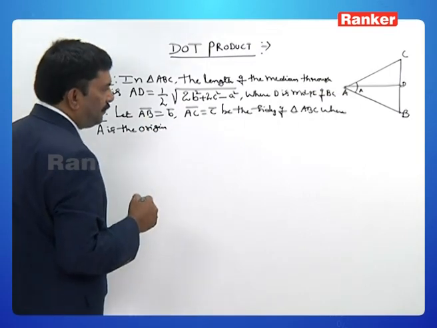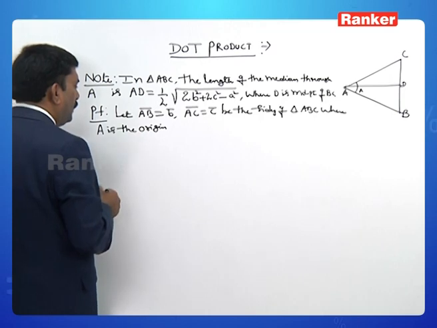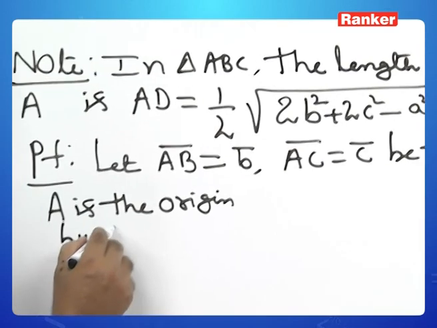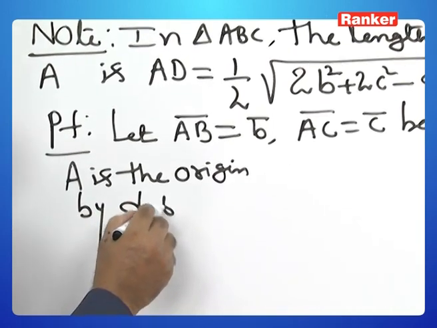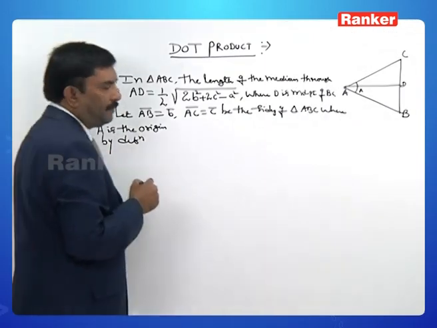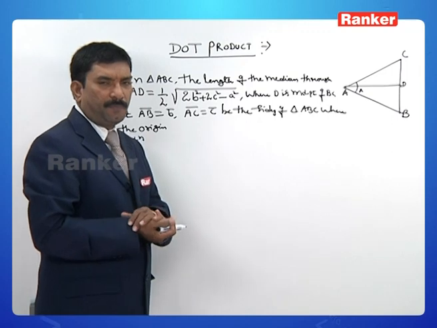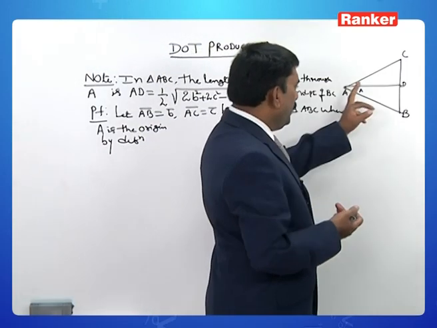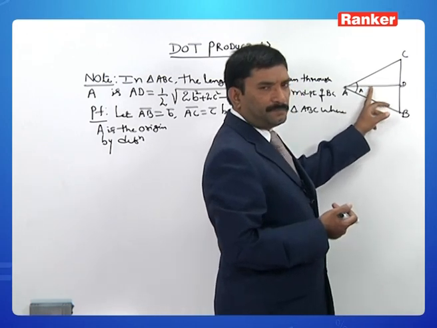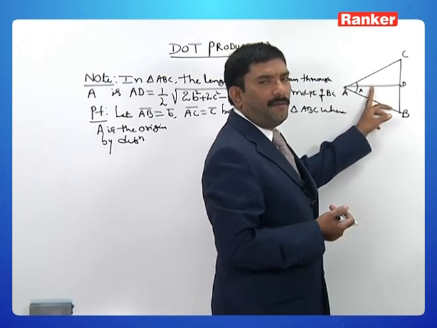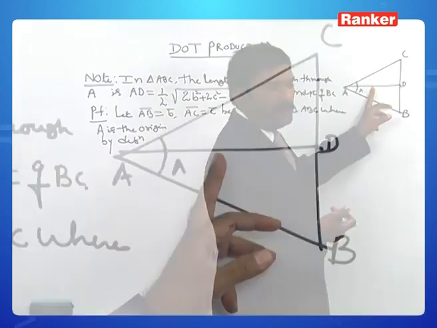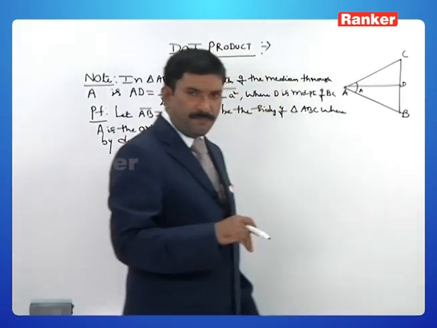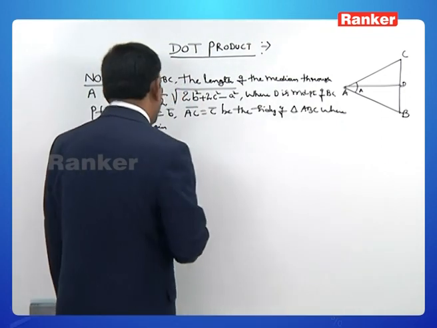Now, by definition of median, or by vector addition, the median AD bar can be decomposed as the sum of these two sides by 2.